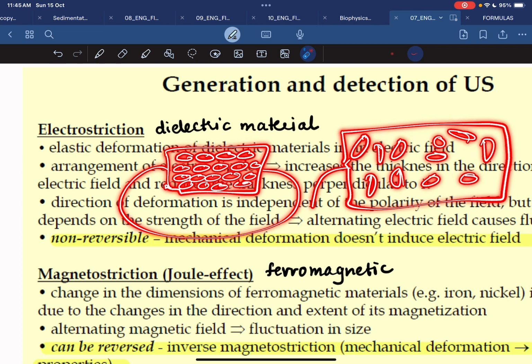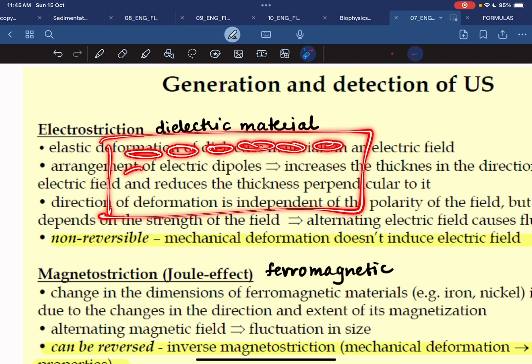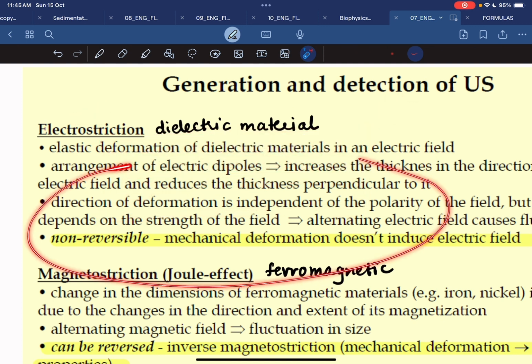But as soon as an electric field with a negative and a positive is applied, all the dipoles line themselves up, plus minus, plus minus, plus minus, in a way where this side is minus and this is plus. So the electric field influences the properties of the dielectric material, but this material does not conduct electricity.